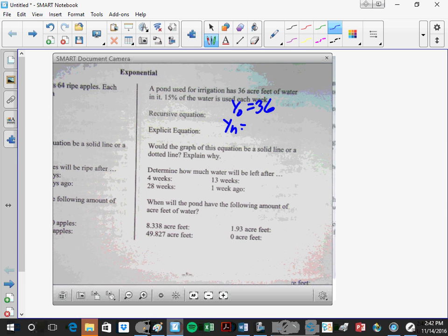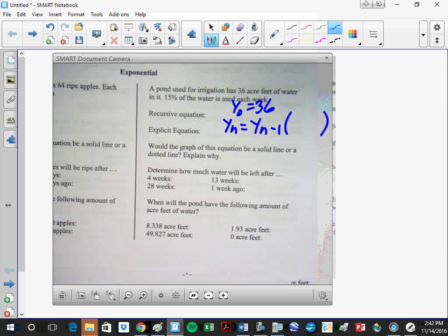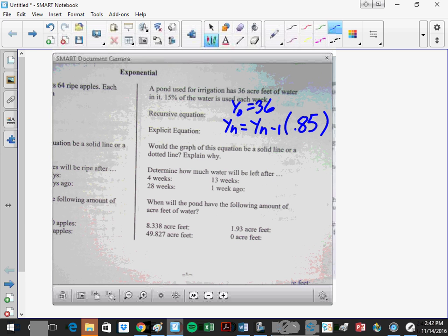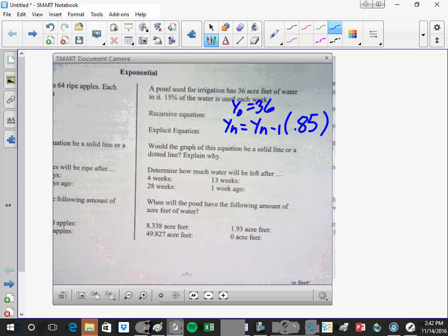Y sub n is equal to y sub n minus 1 times 0.15 would be keeping 15%. 1.15 would be gaining 15%. 0.85. That's how much is left. If you lose 15, you keep 85. Does that make sense?